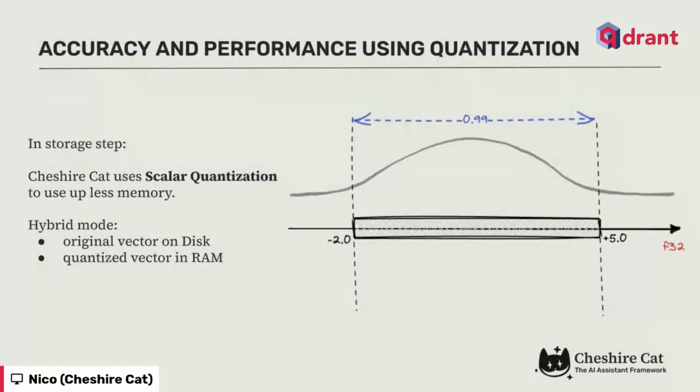With this procedure, we can use less memory. In the case of Qdrant scalar quantization, the float32 elements are converted to int8, so a single element needs 75% less memory.